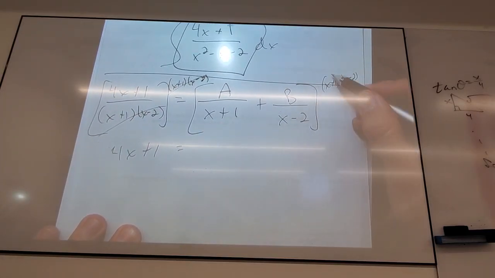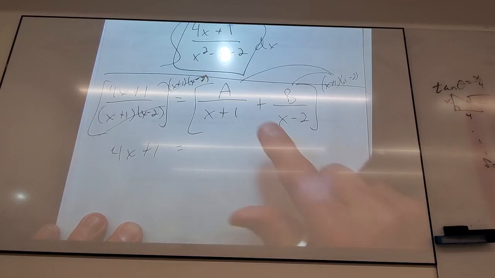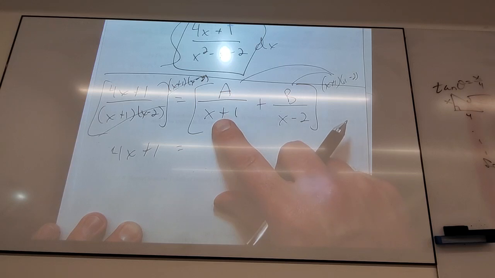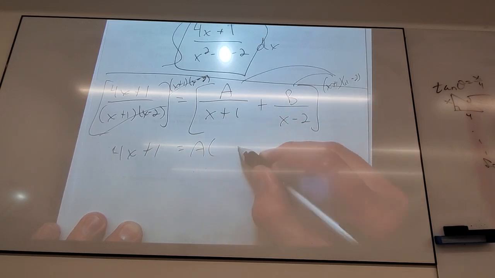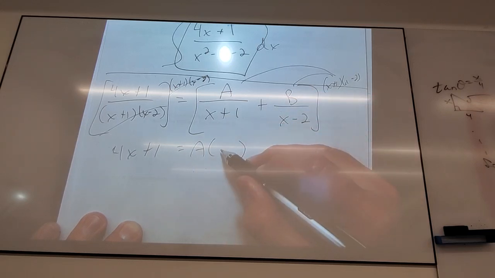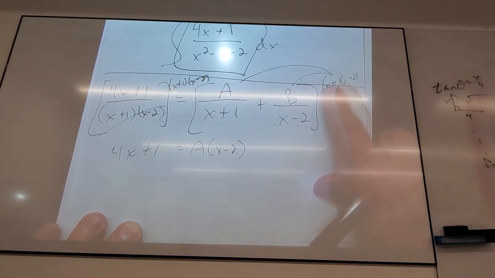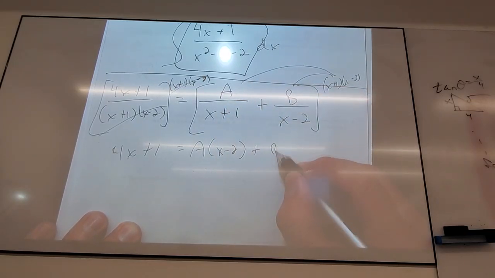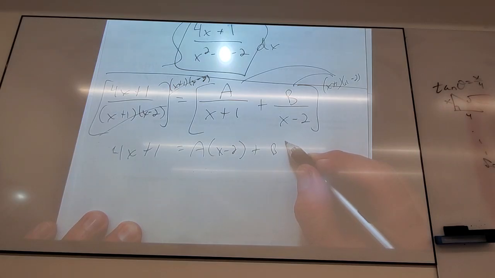The x plus 1 cancels, correct? So the A effectively picks up the x minus 2, because the x plus 1 canceled and the x minus 2 is still alive, yes? So what happens with the B? It effectively picks up the x plus 1.